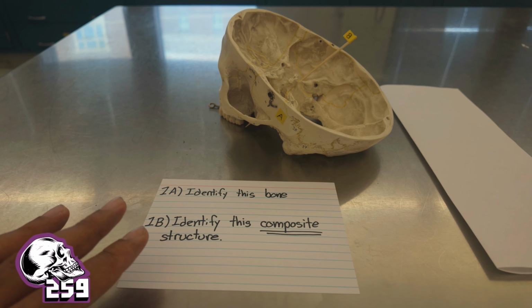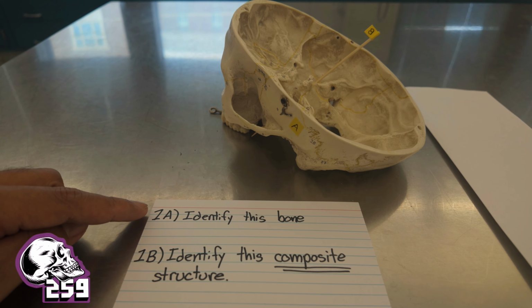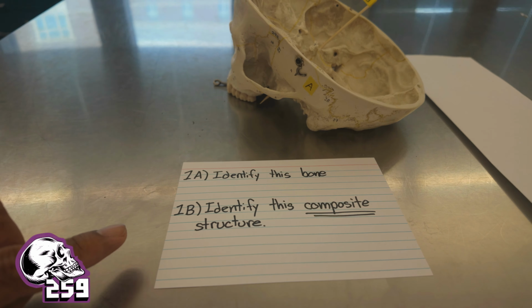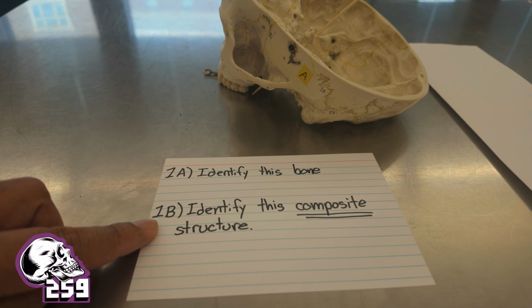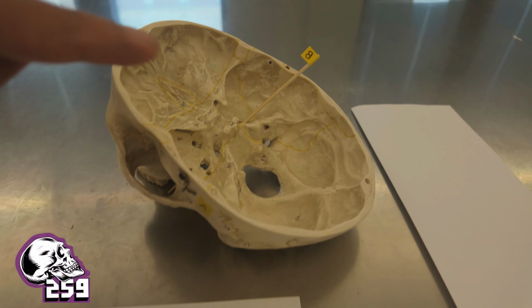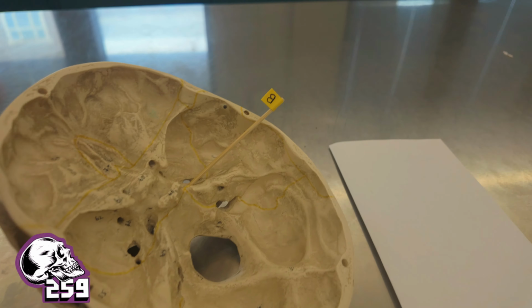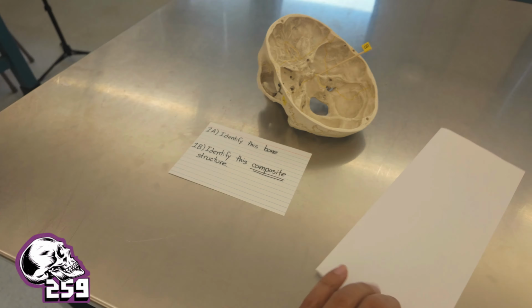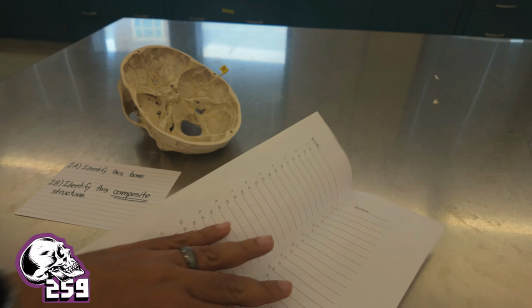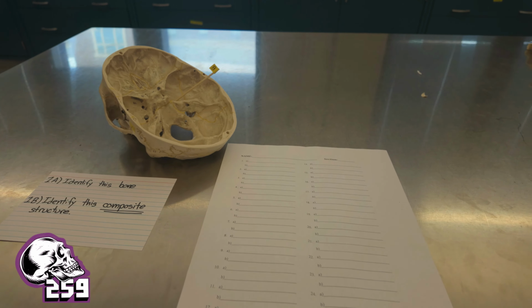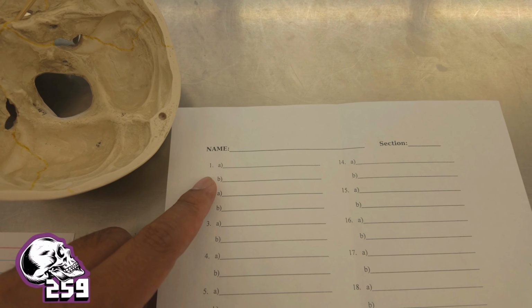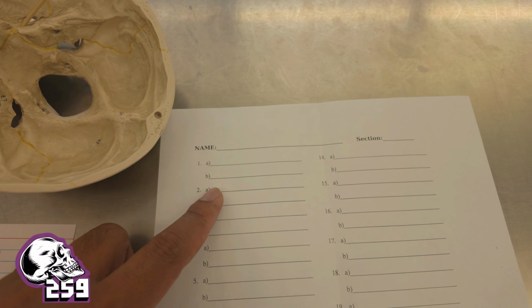You'll see there will be an index card that is going to have two parts. 1A is referring specifically to a sticker that says A, and 1B is referring to B. Now where's B? There's a stick, I can see B, and it looks like it's going through one of the foramen that we went over. Once you get to your station, you'll take your answer sheet, and this is what your answer sheet looks like: a blank piece of paper. You will find the blank for 1A and 1B and write your answer in those blanks.